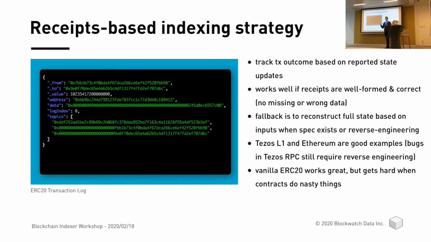This is kind of an indirect indexing strategy. The problem with this is that it's quite fragile, because usually when you build software, or when you build a function, you only specify its interface.